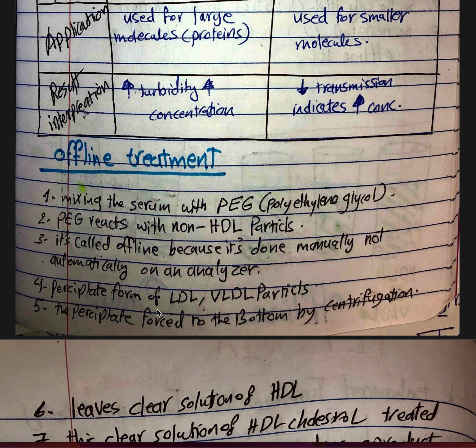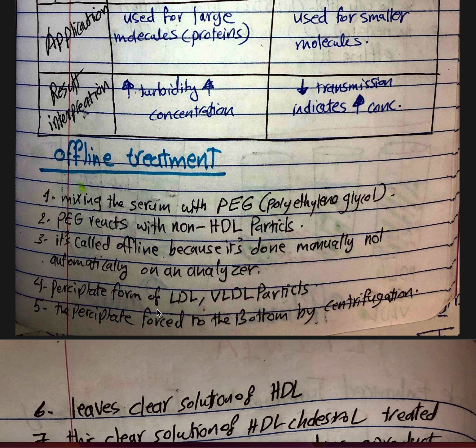I can say it precipitates, but centrifugation helps, it's better. So all the low density and very low density lipoproteins will precipitate at the bottom of this sample, and above it will be the high density lipoproteins.